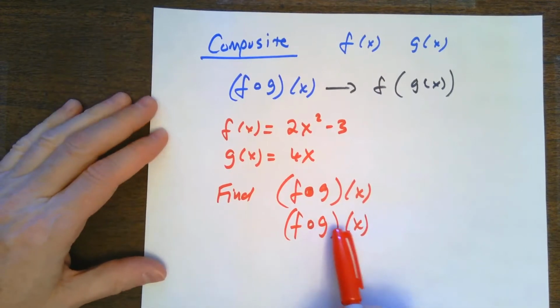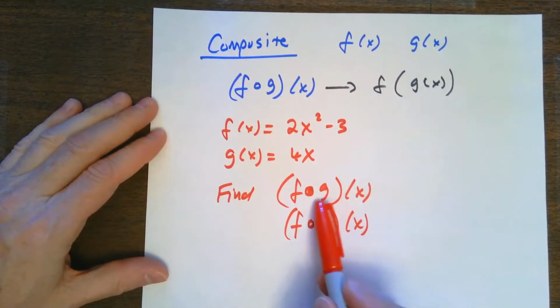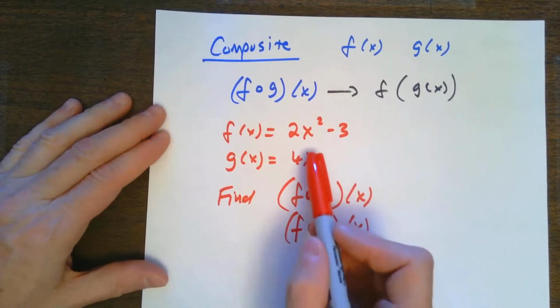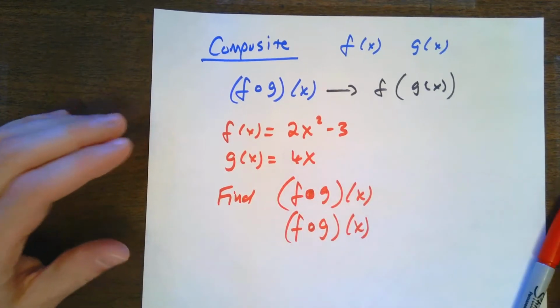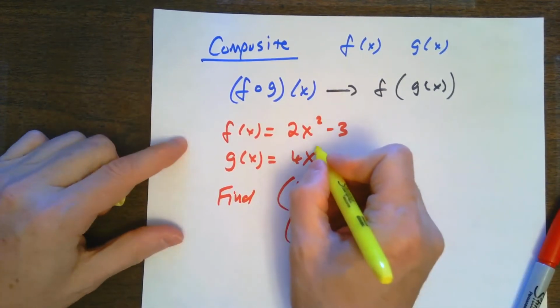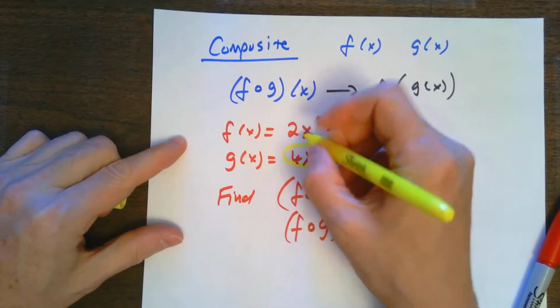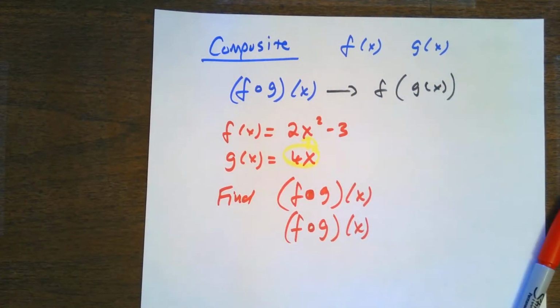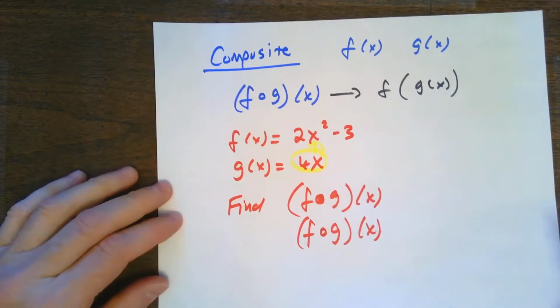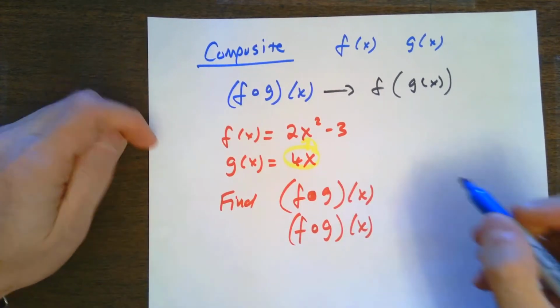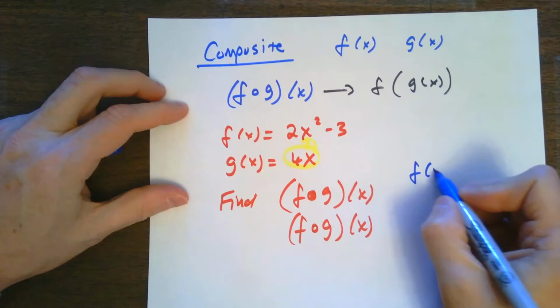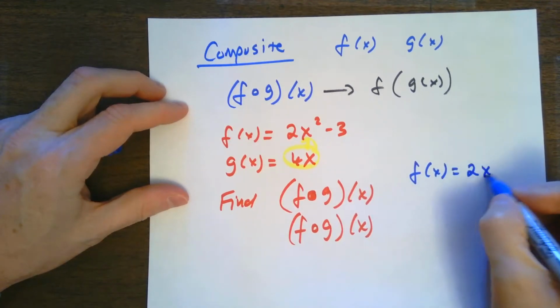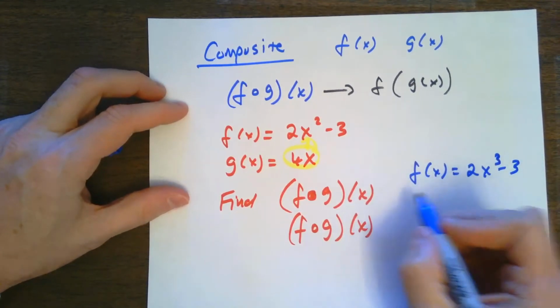So again, the idea is I'm going to take g of x and plug it into x in f of x. I'm going to take what g of x is, this part right here, and plug it in for x in f of x. Substitute it in. All right, so f of x equals 2x squared minus 3.